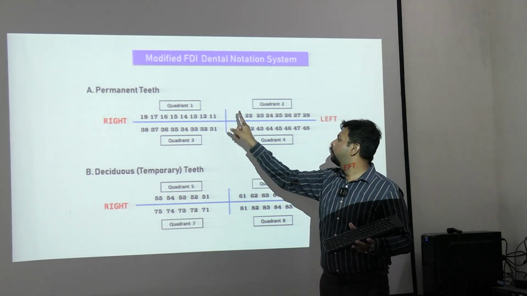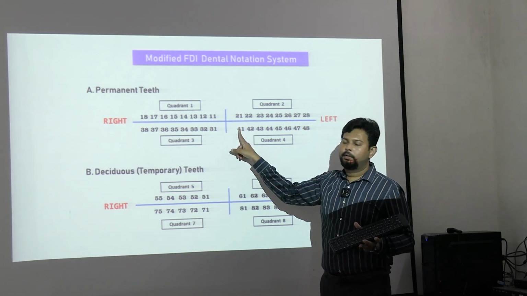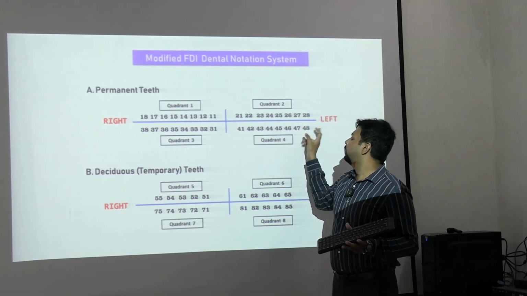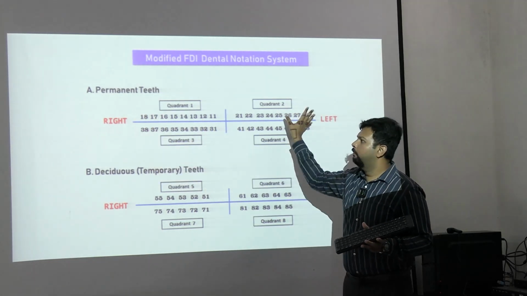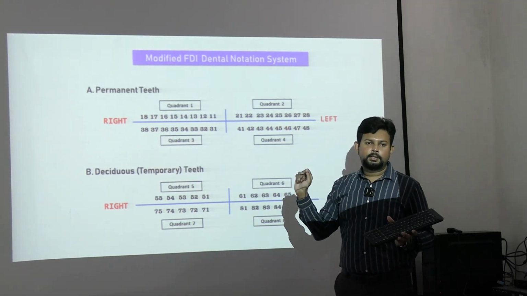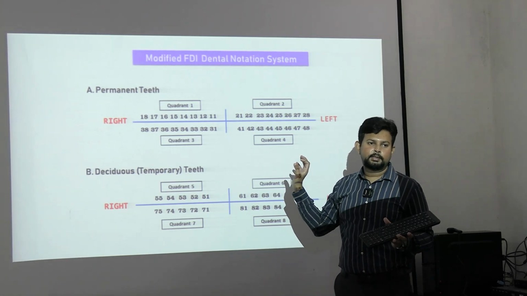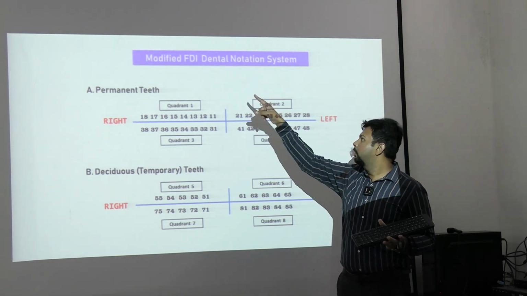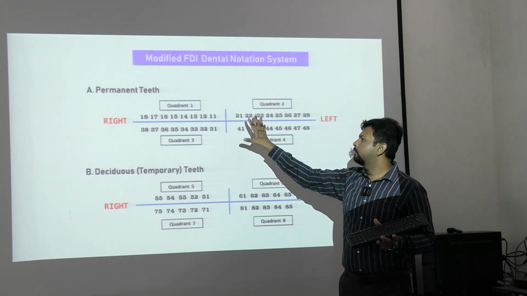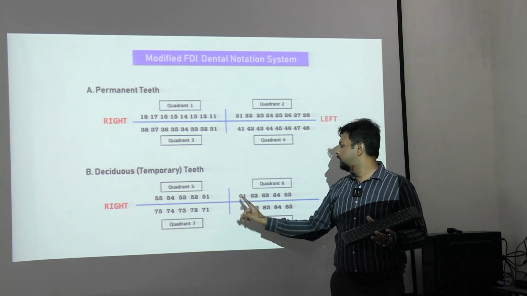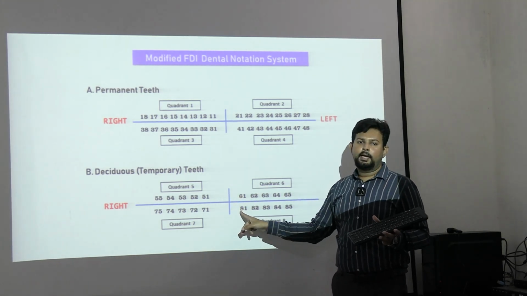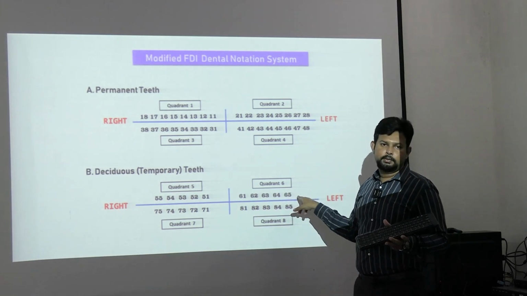So there are quadrants 1, 2, 3, 4, and in each there are teeth 1 to 8. This is one way of writing and counting teeth. That is the modified FDI. This is for permanent teeth. For temporary teeth, they start from 5, 6, 7, 8 and add the numbers.